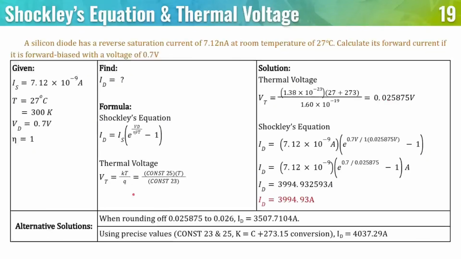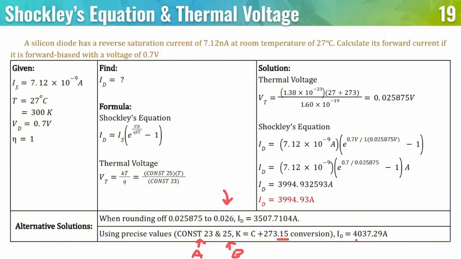Here are some alternative solutions. This is why I put so much emphasis on rounding off. When rounding off to 26 millivolts, the current across the diode is going to be 3507.7104 amperes, so it's a bit far. When using the most precise values that you can, for example, you stored constants in variables like A and B, and then you use the most accurate conversion for Kelvin, which includes the 0.15, that will add a lot of precision and accuracy to your answer.